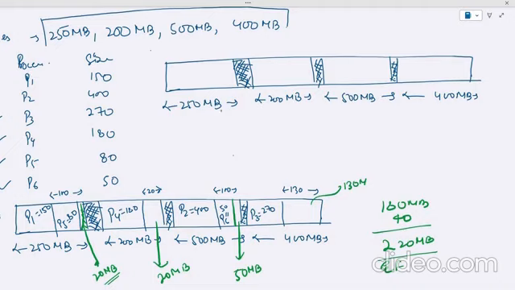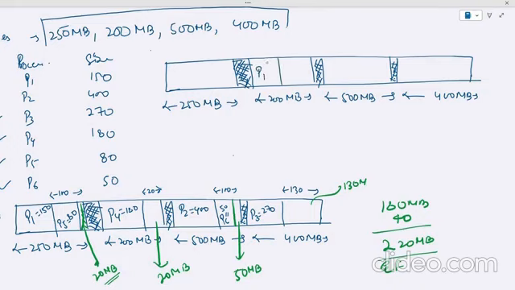First block is 250. We can put this process here, but we are not going to, because we first look for the space which is equal to what the process needs or as close as possible. 250 is very far, 200 is close to P1, but let's check the other two blocks as well. 500 and 400 are very far away, so definitely P1 gets space in the second block.